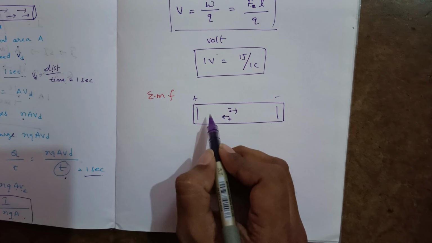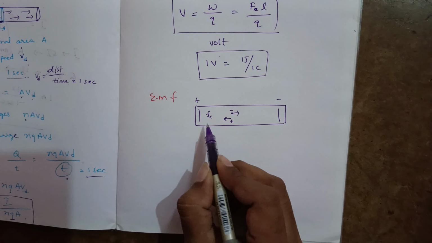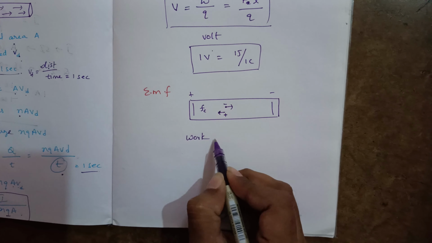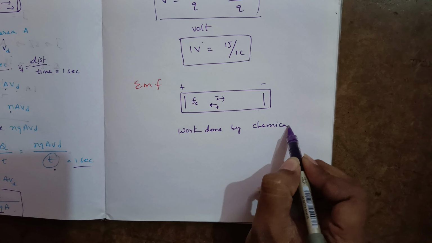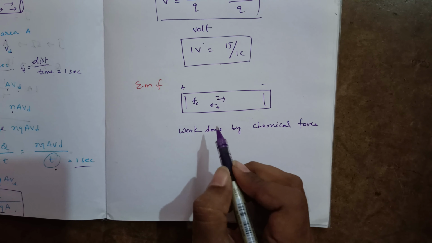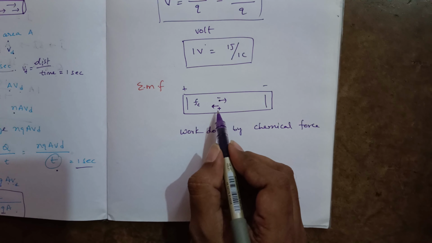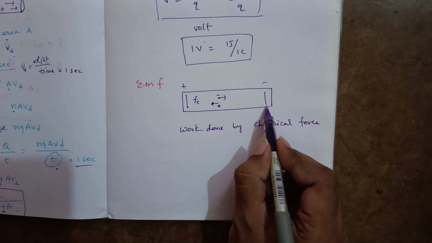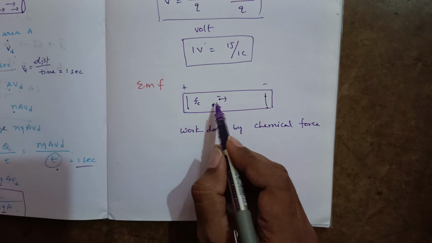Here there is work done by the chemical force on a unit positive charge or unit negative charge. A positive charge moves towards the positive terminal from the negative terminal. A negative charge moves towards the negative terminal from the positive terminal.